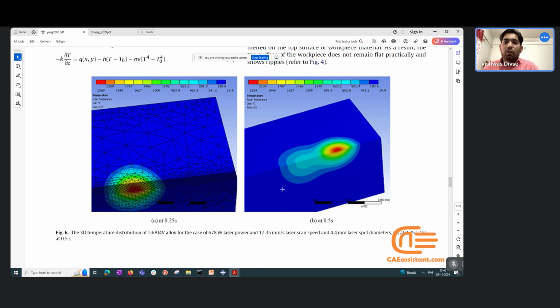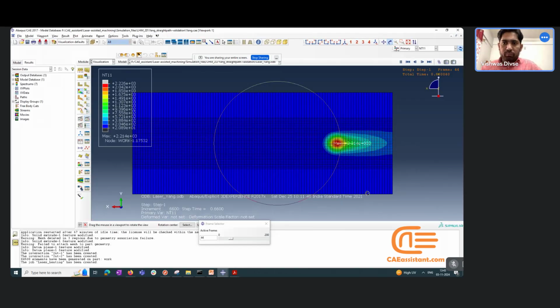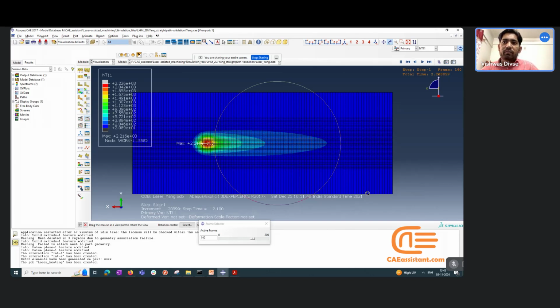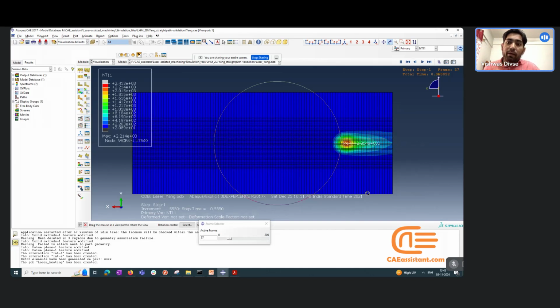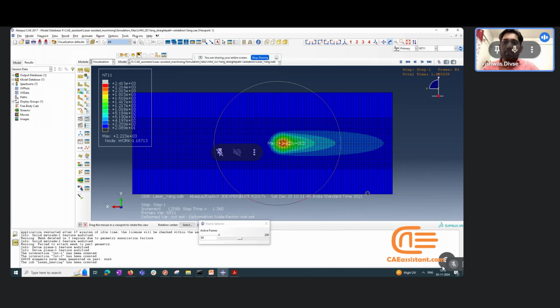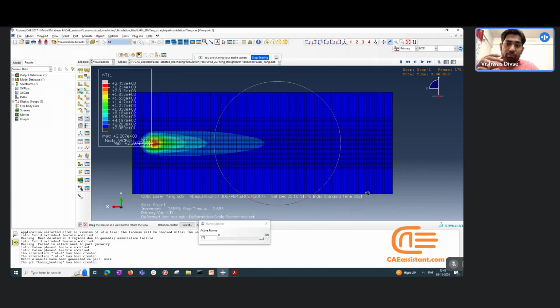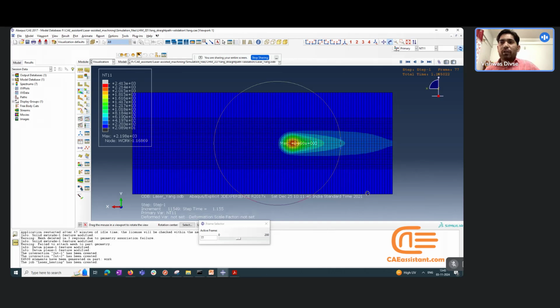So it doesn't matter whether in the literature this simulation is performed in some other software, ANSYS or COMSOL, or people use an analytical method. In our future simulation, the same laser beam will be followed by the cutting tool, so this softened region, width wise or depth wise, will be removed by the cutting tool.